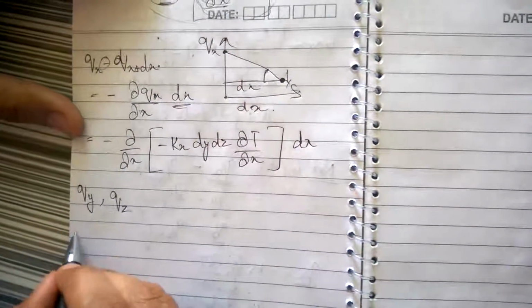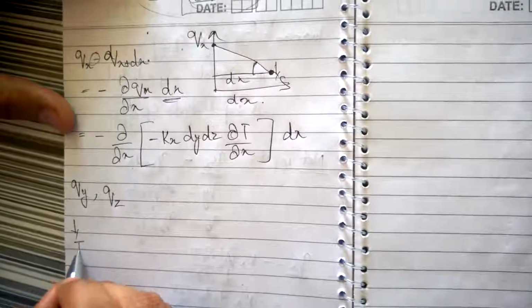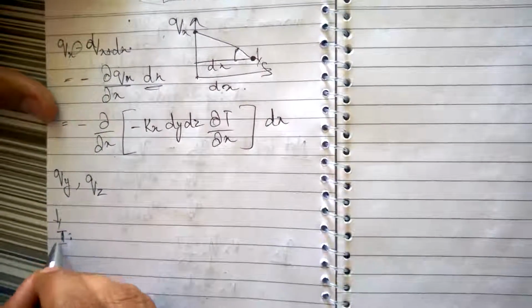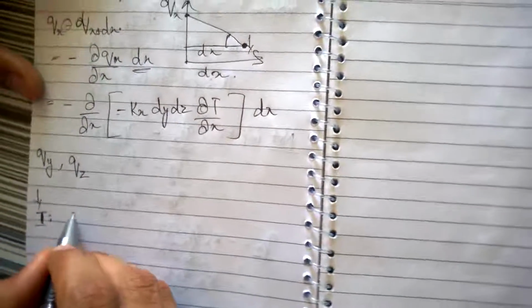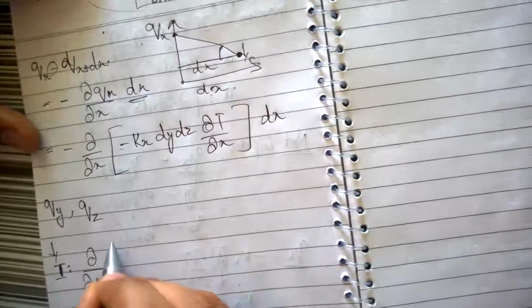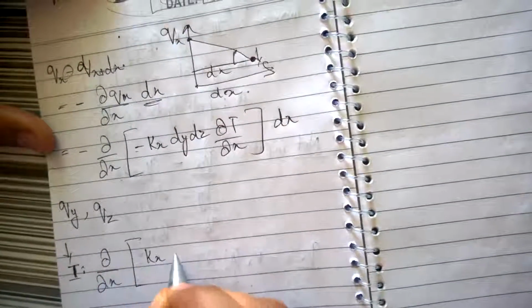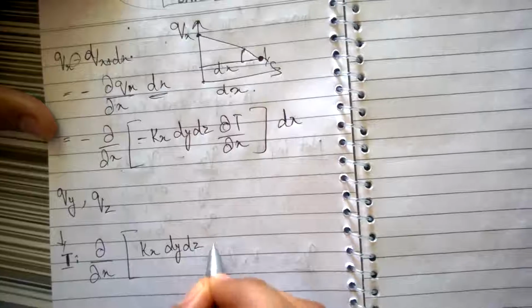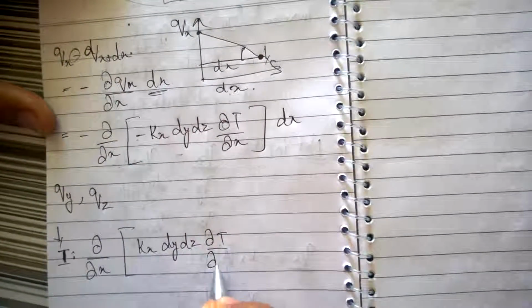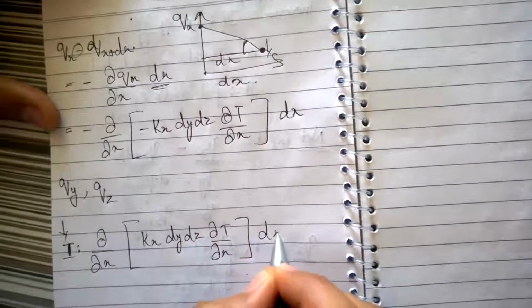So I'll directly write the first term. Let us cancel this minus sign out, so we'll have ∂/∂x of kx dy dz ∂T/∂x into dx.